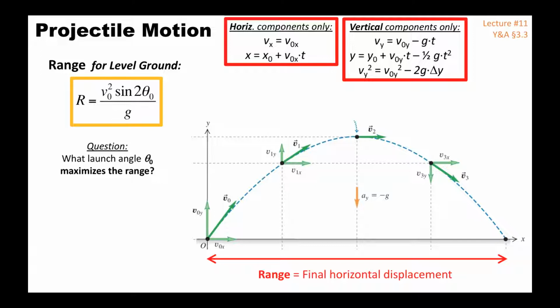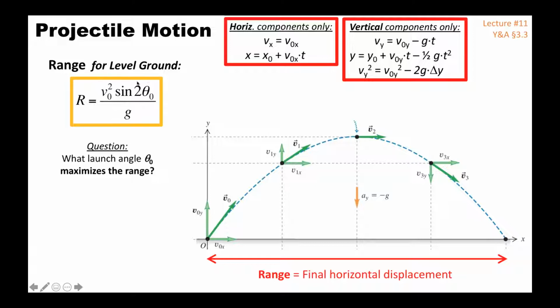Okay, I hope that you were able to figure out that in order for R to be maximized, if v naught and g are constant, we need this sine function here to be maximized. Well, the biggest value that sine can have is 1, right? Sine has a value of 1 when the argument has a value of 90 degrees.